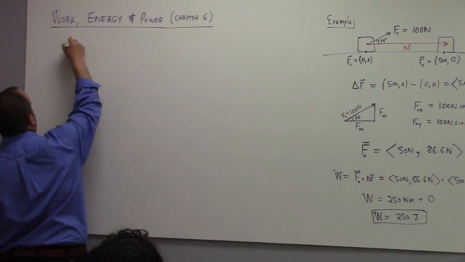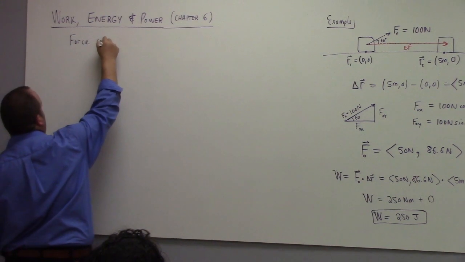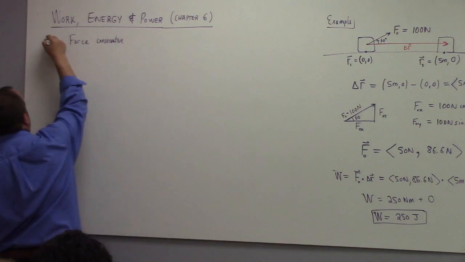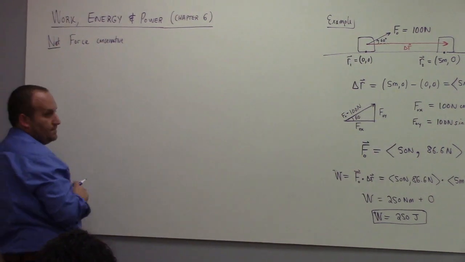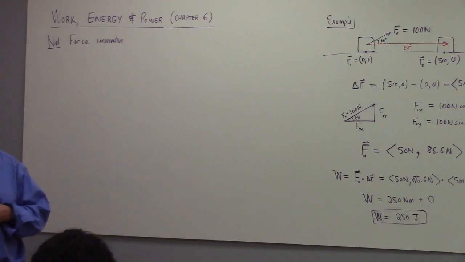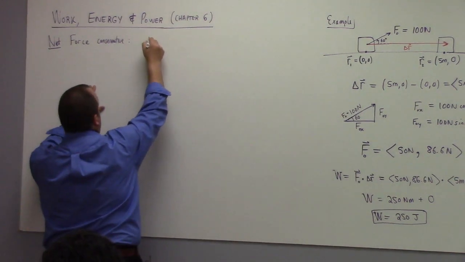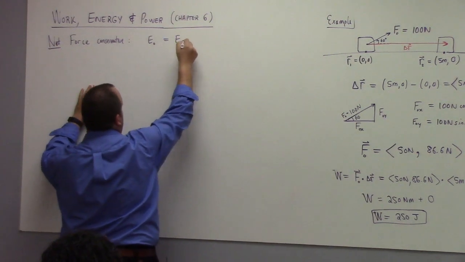So for a conservative force, and to be clear, we need the net force to be conservative. If the net force on a system is conservative, then conservation of energy says that the energy initially is equal to the energy finally.